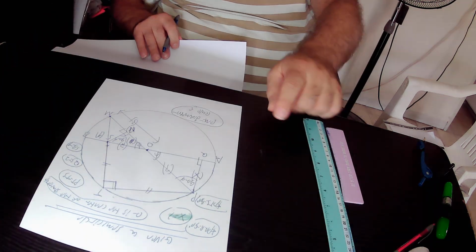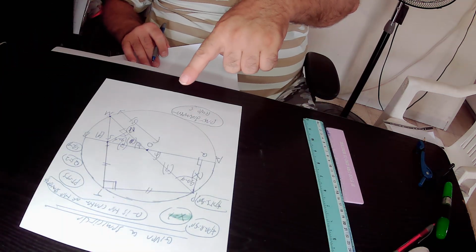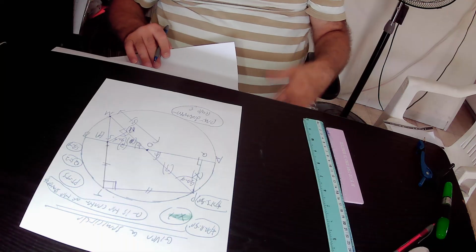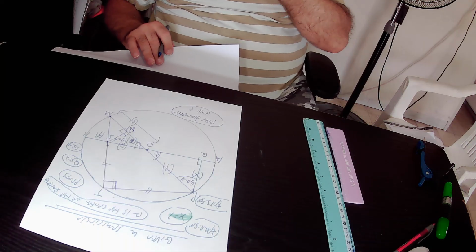From the fact that the right triangle PQO is similar to the right triangle SNO, we derive that the following relationship exists between their sides.